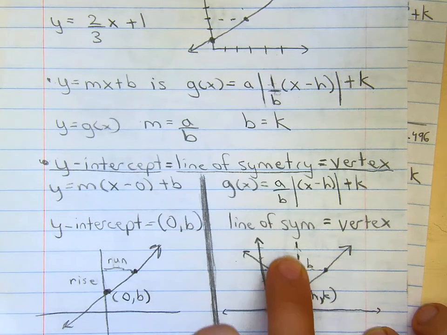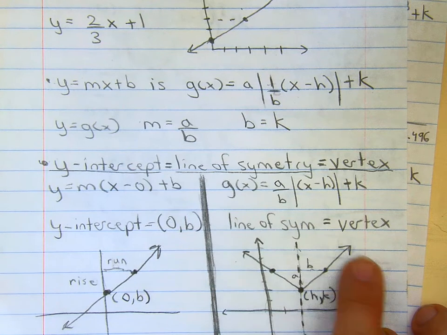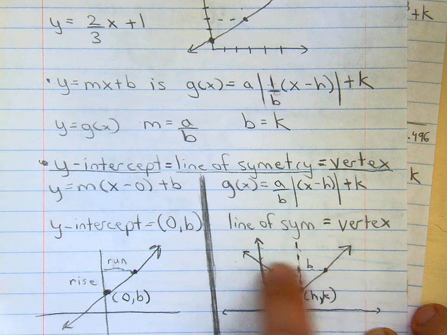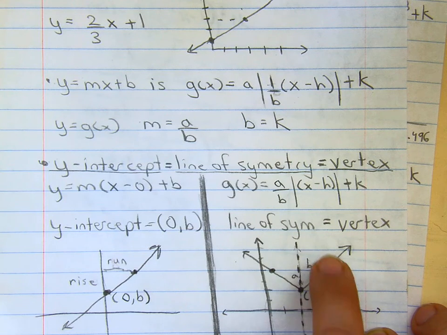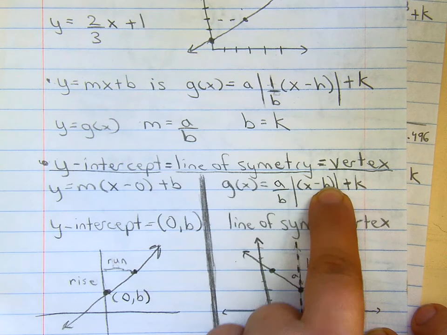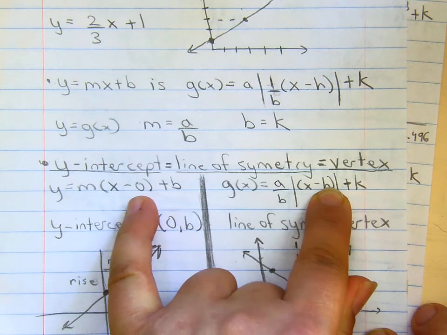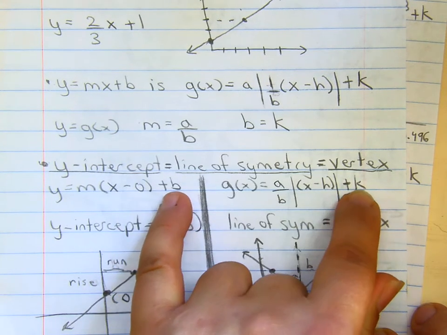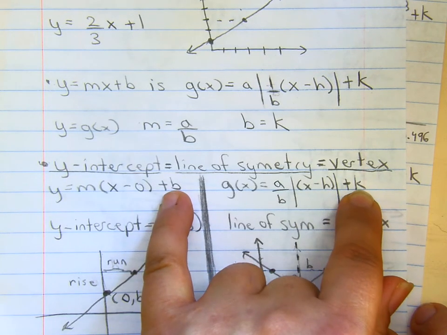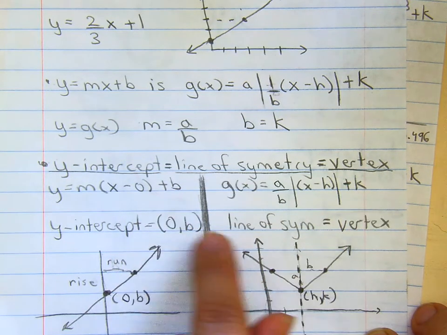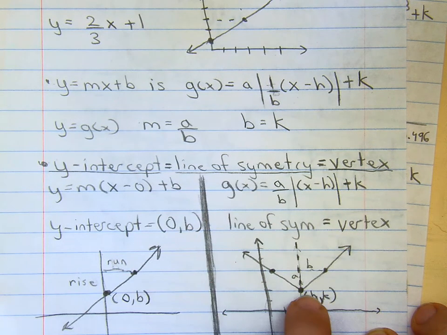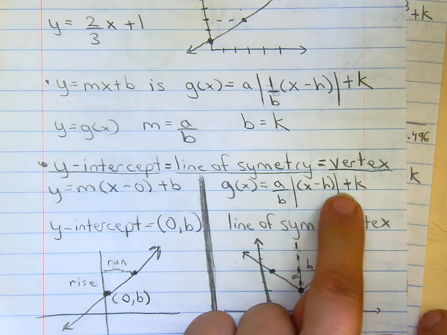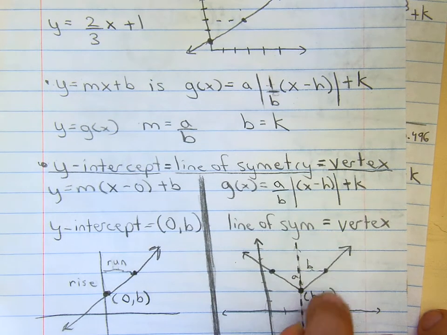And a line of symmetry comes from the fact that I could put a mirror here and both sides would be the same. And this little vertex point here originates from the value being subtracted from the x, just like on my line, and the amount my graph is being raised or lowered, just like on my line. So the y-intercept concept is not a new concept, nor is this vertex.